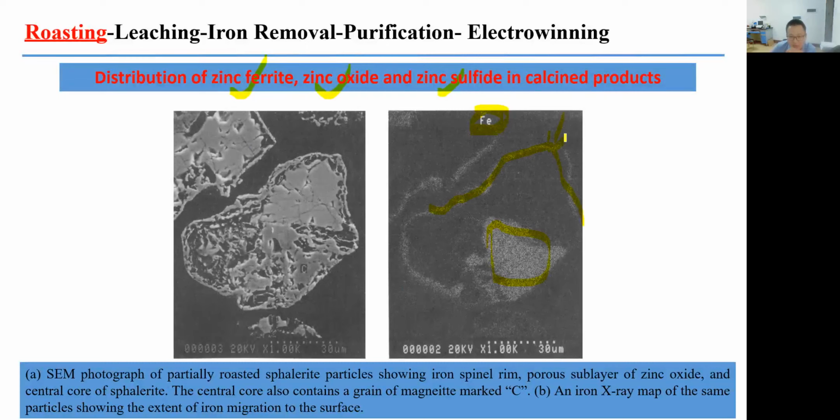In the outer layer, we can find that zinc ferrite makes a coating layer, or moves to the outer layer of this calcine, and during the leaching process, the hydrogen ions cannot react with the calcine efficiently. And in the center we have some sulfur and zinc. This is unreacted core.